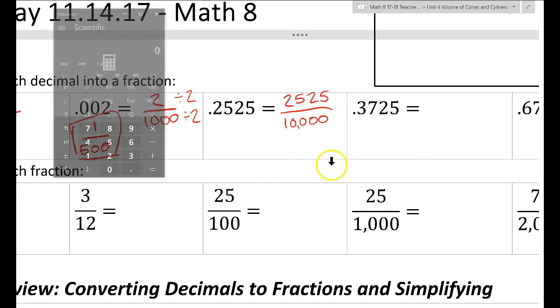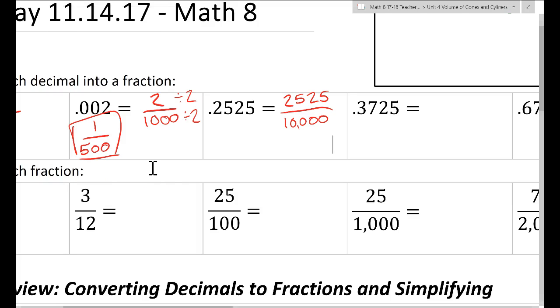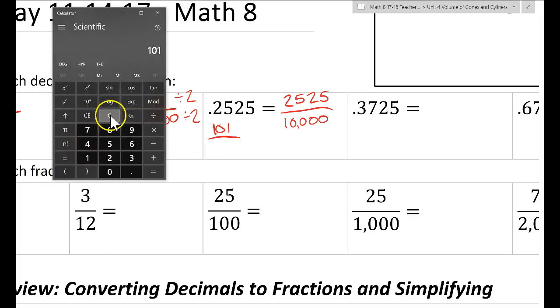By the way, if you wanted to do that, you can literally say 2525 divided by, and it gives us that. So that's not helpful, but you can say, okay, 2525 divided by, well, it looks like I can at least break 25s out of there, and I get 101 over, what's 10,000 divided by 25?